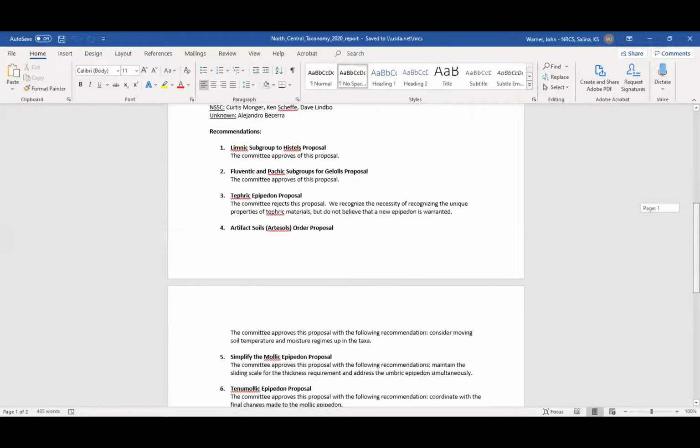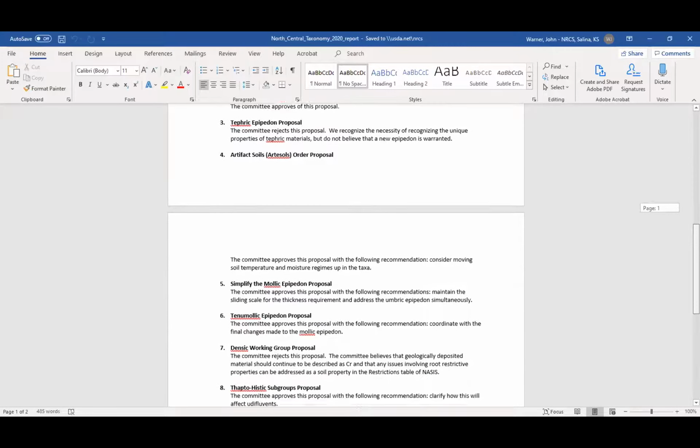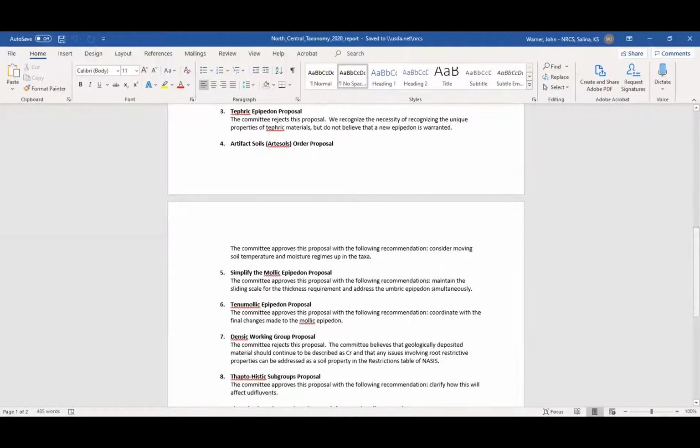Artifact soils, the Artifacts order proposal. This was very well done, and John Galbraith did a great job. We had several of the people proposing these present to us, and John did a great job.